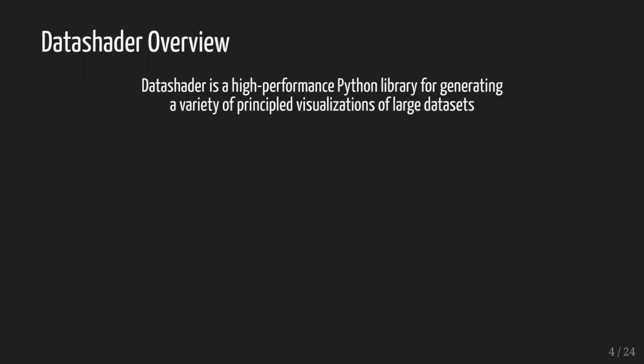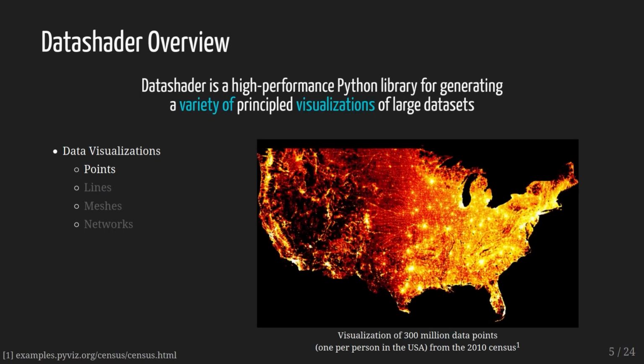All right, so what is Datashader? Datashader is a high-performance Python library for generating a variety of principled visualizations of large datasets. Here are a few examples of the kinds of visualizations that you can create with Datashader. This is a visualization of over 300 million points, one for the approximate location of every person in the United States from the 2010 census.